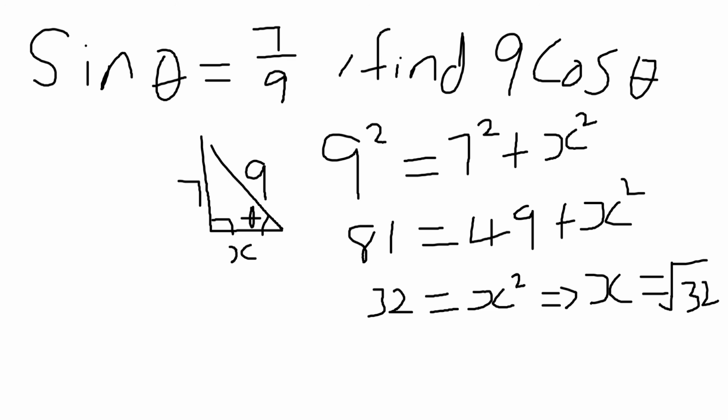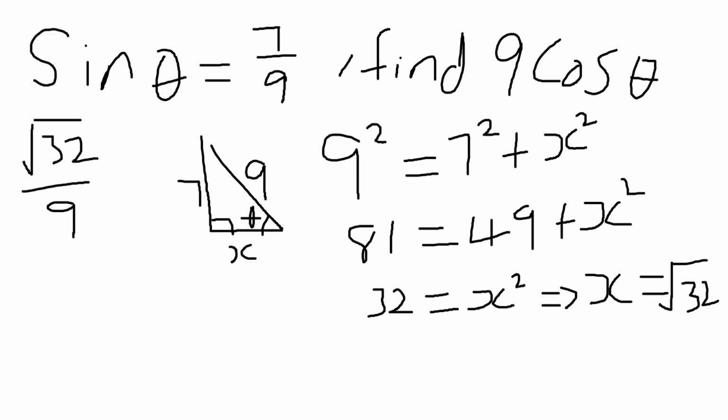Now we will come back to this question and find 9 cos theta. So cos theta is simply the adjacent, which is the square root of 32 divided by the hypotenuse, which is 9, and we are multiplying it by 9, don't forget.